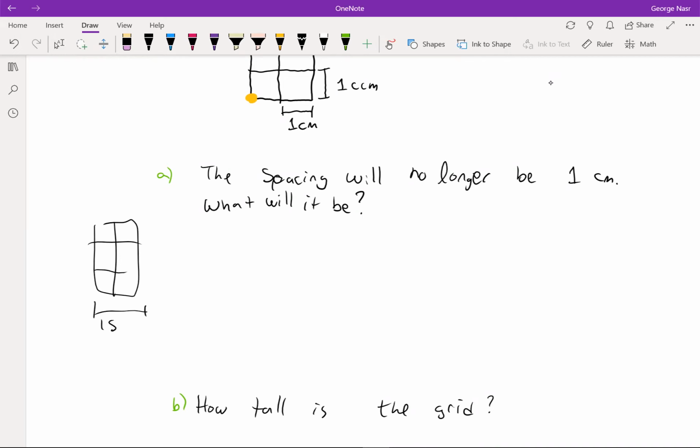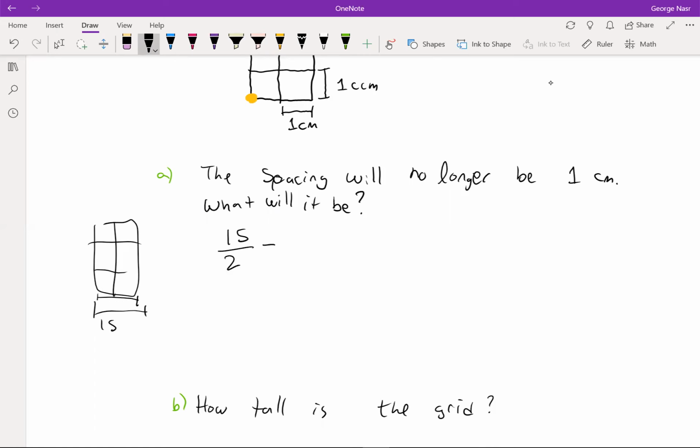So how wide is each square length? Well, we can see that we now have kind of two groups. This whole length here is the length of 2 blocks, right?